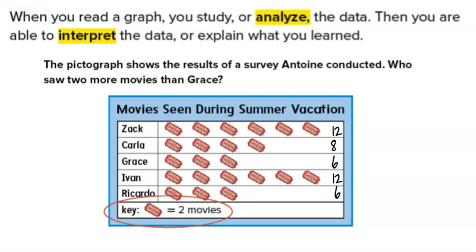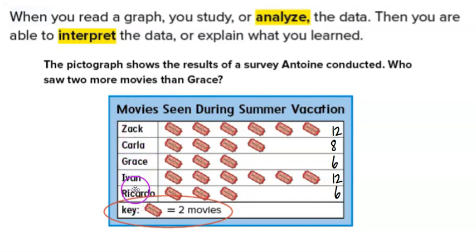So when I'm looking at a pictograph or any graph actually, first I'm going to read the title of the graph. This graph says, movies seen during summer vacation. And then I'm going to read this information. So Zach, Carla, Grace, Ivan, Ricardo.